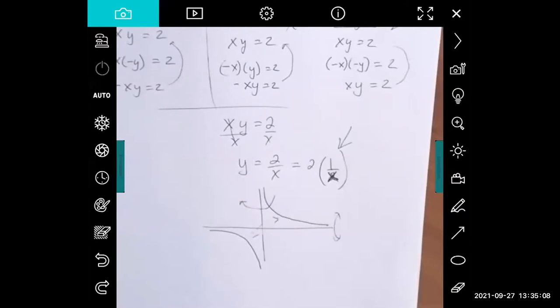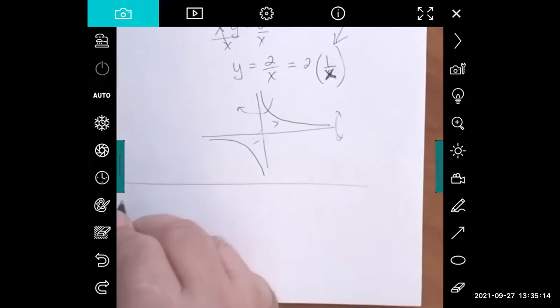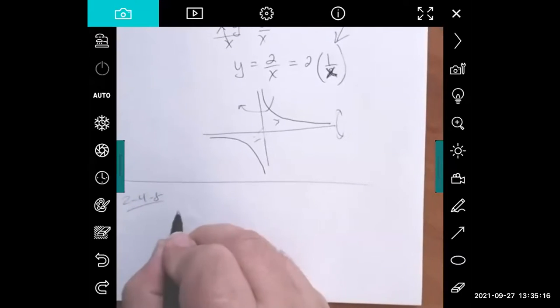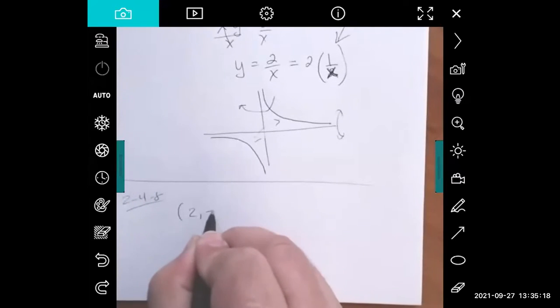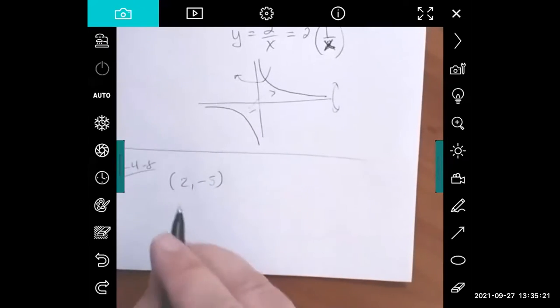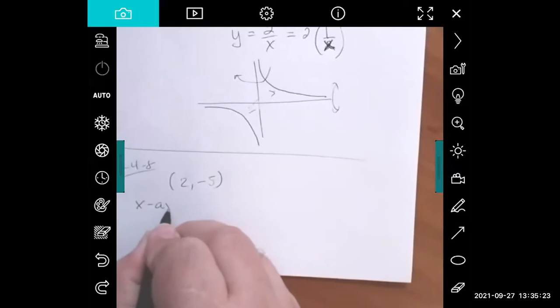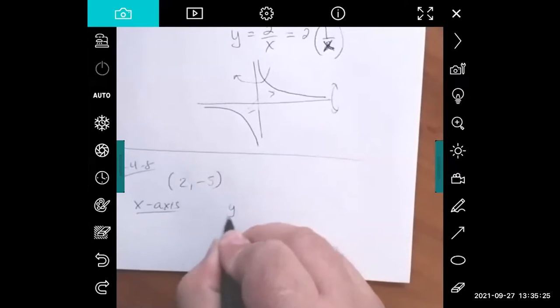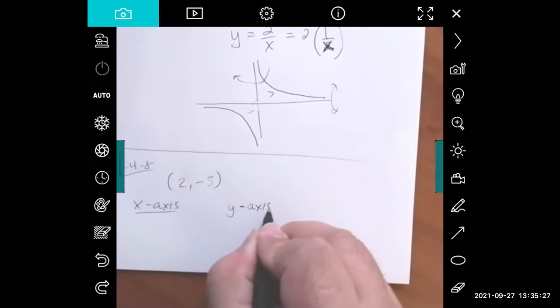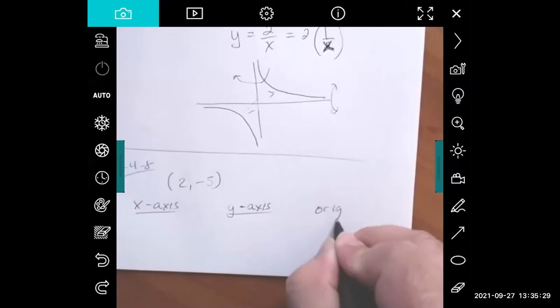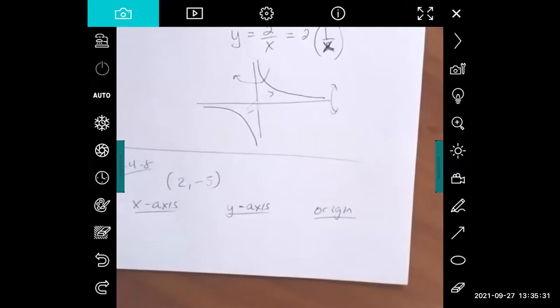Find the point that is symmetric to the point 2, -5. X-axis, y-axis, origin.